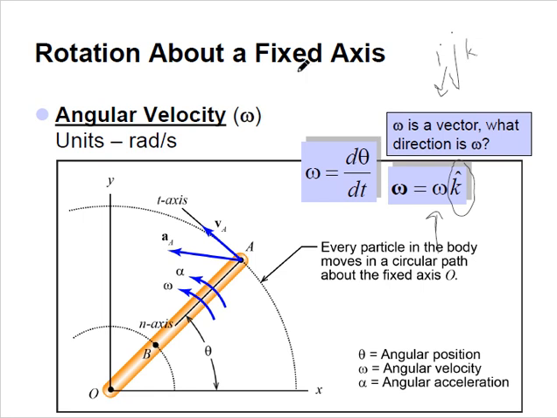So every axis has two directions, and we are going to use i, j, k to define the direction. So for example, your x-axis is going to have a plus i and minus i. Your y-axis is going to have a plus j and minus j.